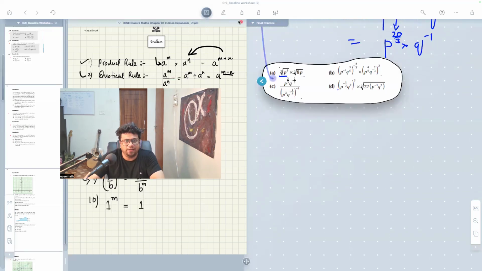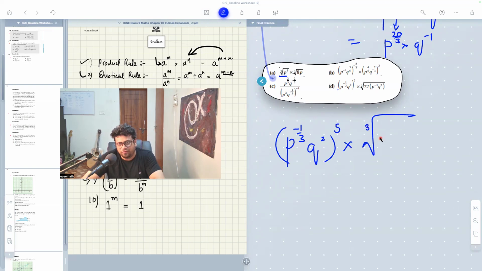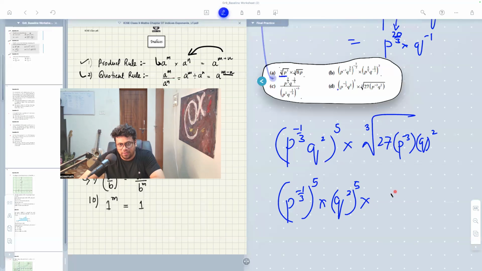What you get in part D is p to the power of minus 1 by 3, q square, to the power of 5, into cube root of 27 p to the power of minus 3 q square. Again, p to the power of minus 1 by 3 whole to the power of 5, q square to the power of 5, into 27p to the power of minus 3 q square raised to a 1 by 3.